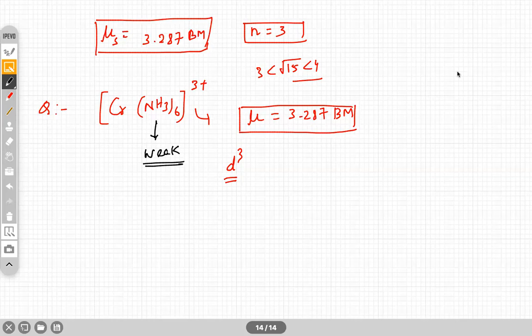But yes, CFT gives us the concept of how we understand what the color of the complex should be, how we calculate the lambda value there. That we get from crystal field theory. So next, write down the major drawback. One note you write down after this: the major drawback of VBT is it could not explain the color of the complex.